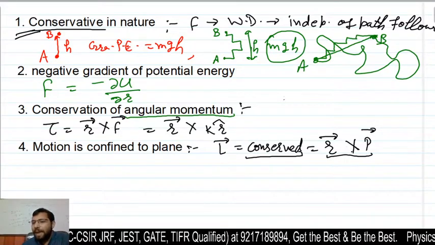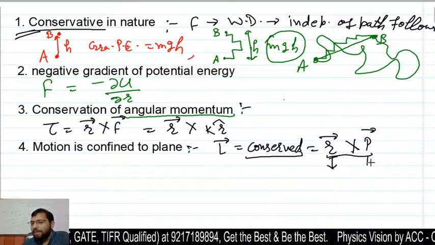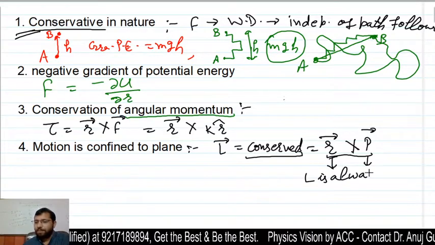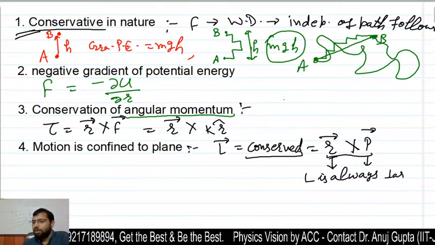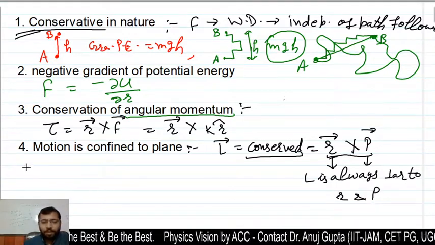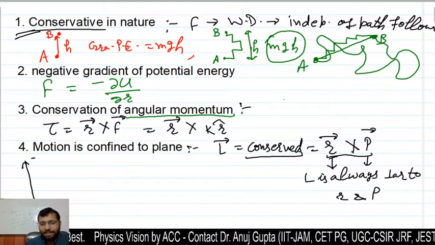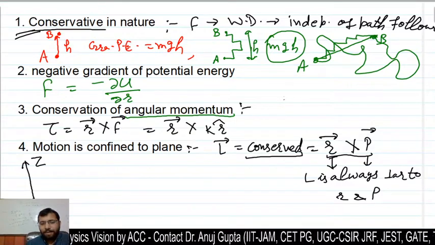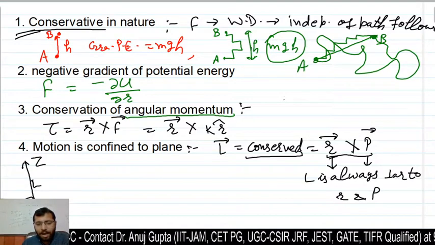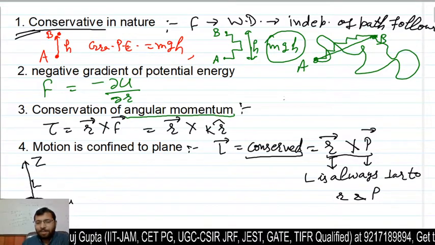This represents that L is always perpendicular to r and p. So let us assume L initially is acting along the z-axis. This is the direction of L. So what we are left with, r cross p, r and p should be in the xy plane.